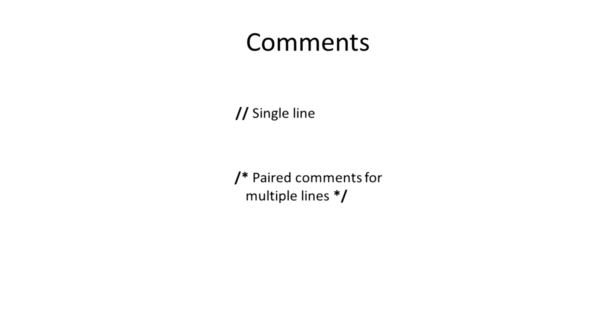Next, just a brief reminder about comments. Again, if you have any previous programming experience in Java or C# or even C++, you'll know the format for single line comments, which are of course 2 forward slashes, and hopefully you know that comments are not going to be interpreted by the compiler.